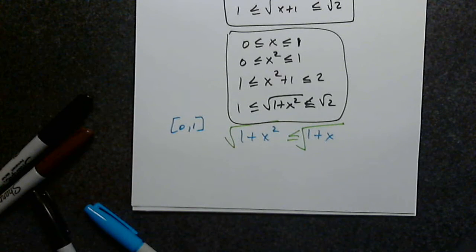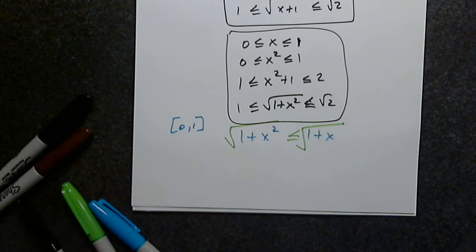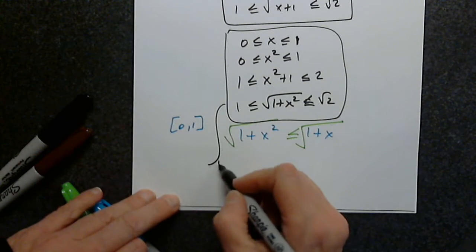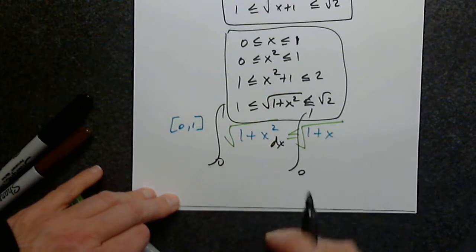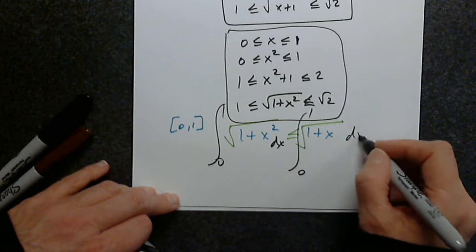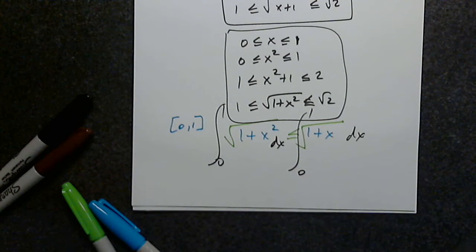I already established that the left function is smaller than the right function. Therefore, the integral from 0 to 1 of f of x dx must be less than or equal to the integral of the other f of x dx from 0 to 1. By the property that says that if a function is less than another function on an interval, the area under the first one is smaller than the area under the second one.